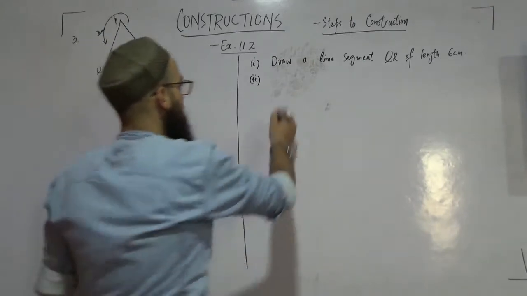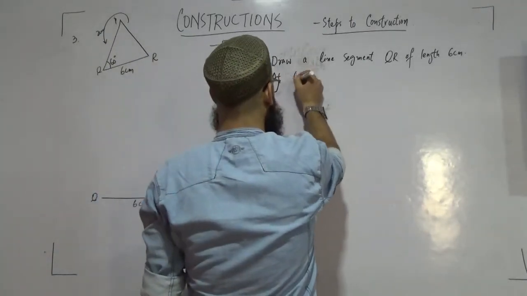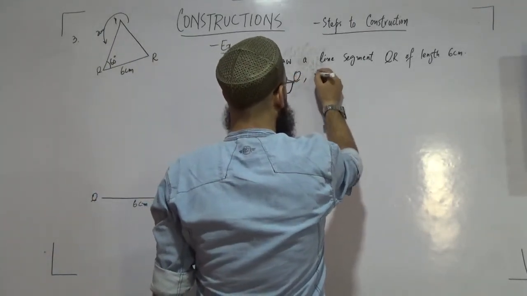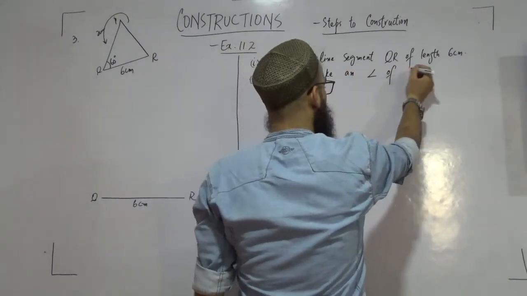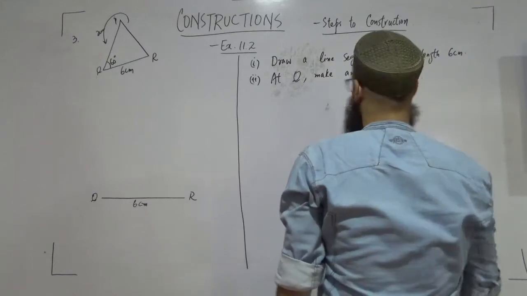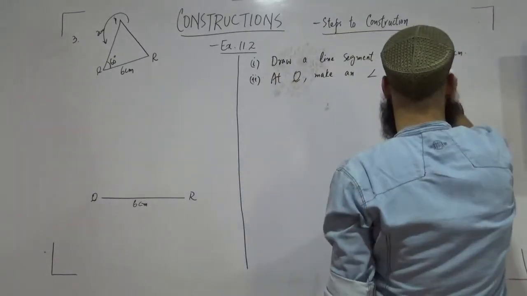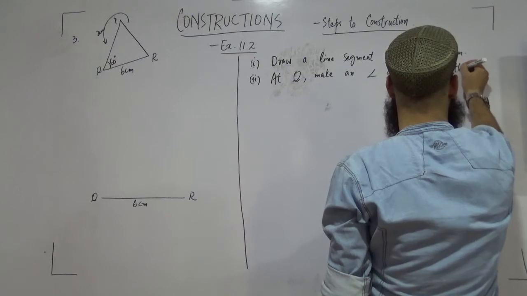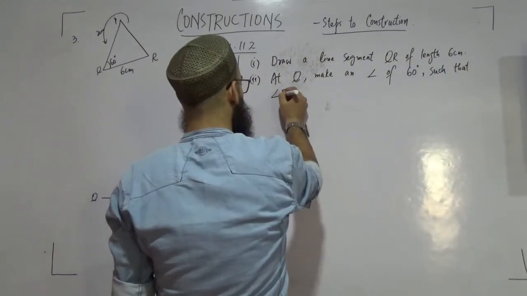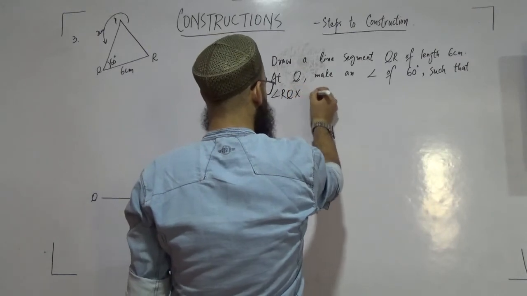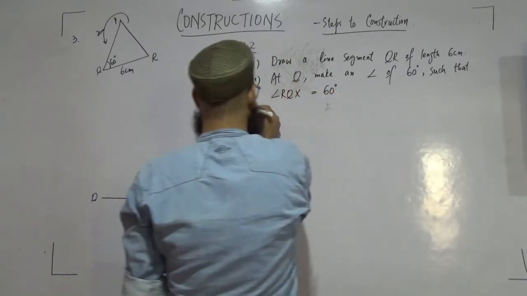At Q, make an angle of 60 degree such that angle RQX is equal to 60 degree.